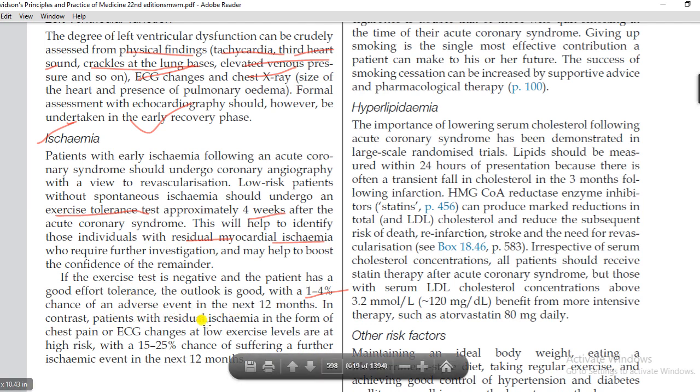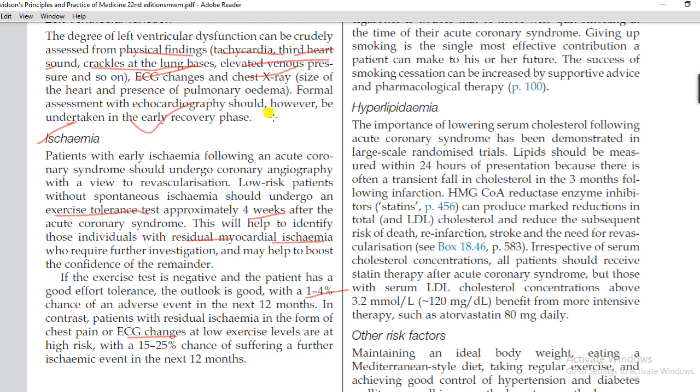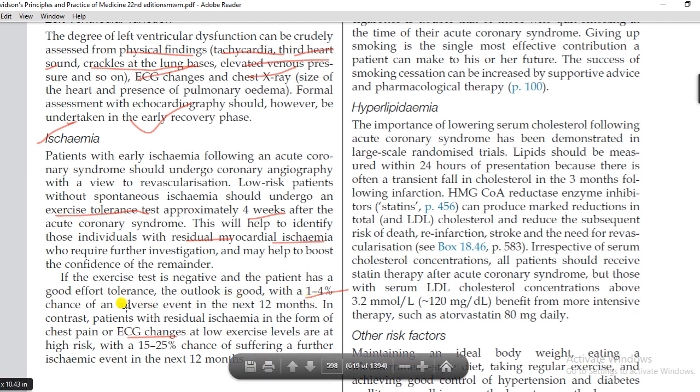In contrast, patients with residual ischemia in the form of chest pain or ECG changes at low exercise levels are at high risk.